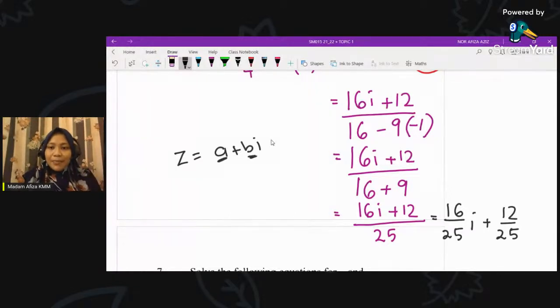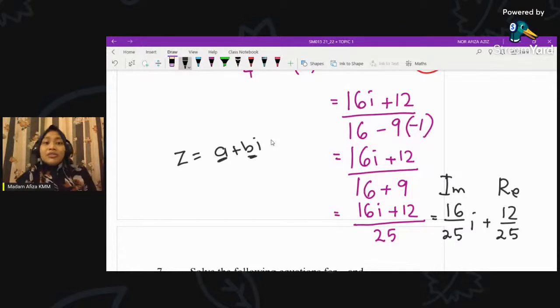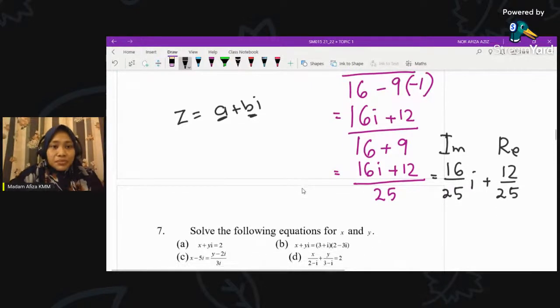So you must separate the real and imaginary part. Kita tak kisah nak letak real dulu ke kat depan, nak letak imaginary dulu kat depan, tak kisah. Yang penting you all separatekan the real and imaginary part. Okay, so itu untuk conjugate of a complex number.